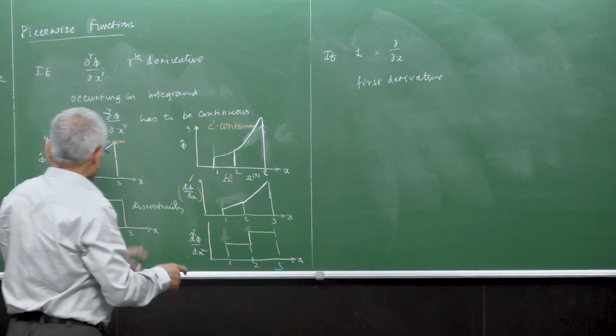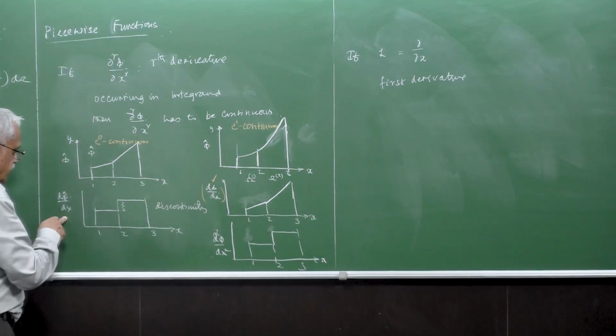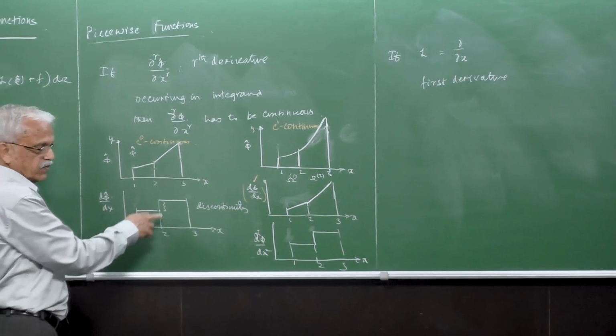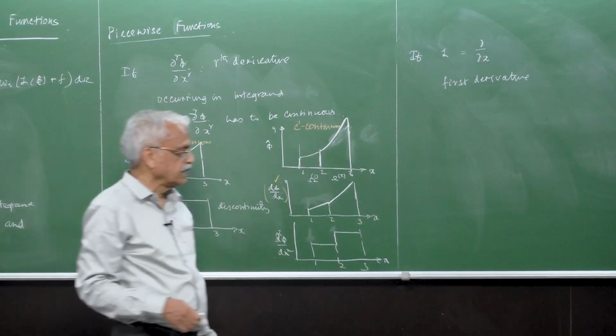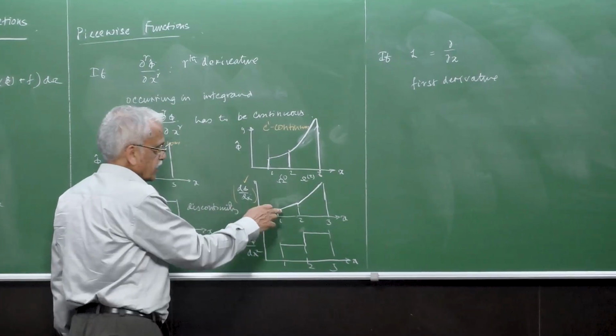If you look at these approximations, the one here has a discontinuity in d phi by dx, so as such it is not acceptable, whereas here d phi by dx is continuous.